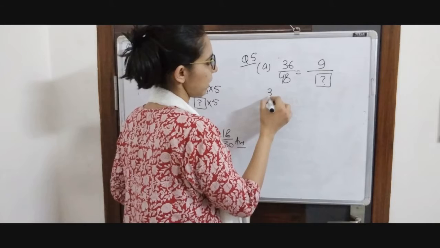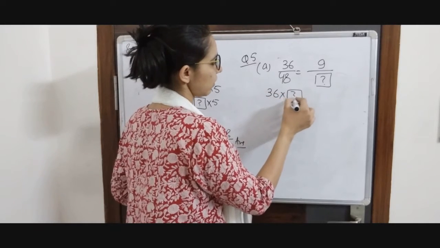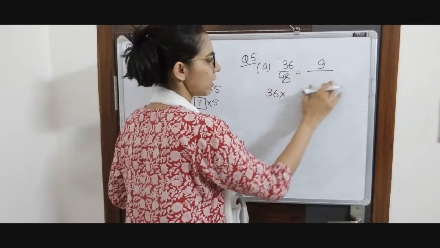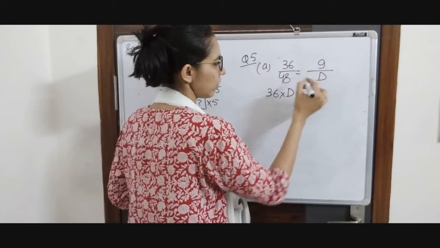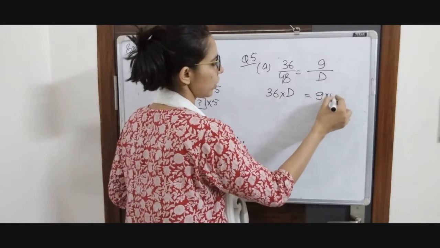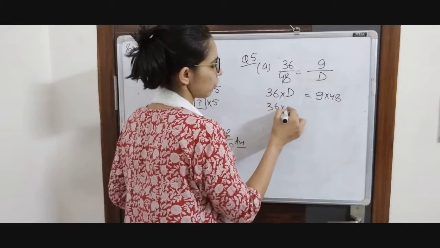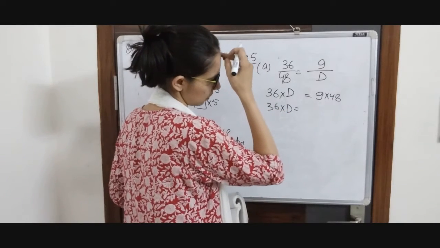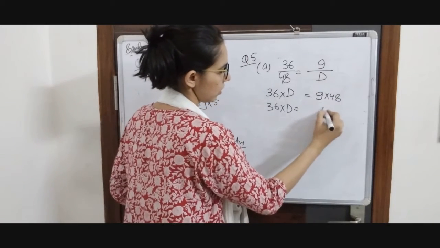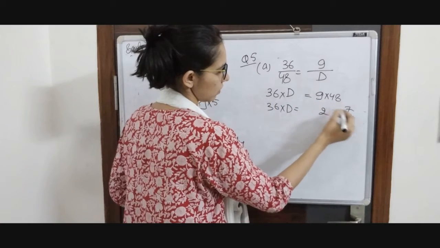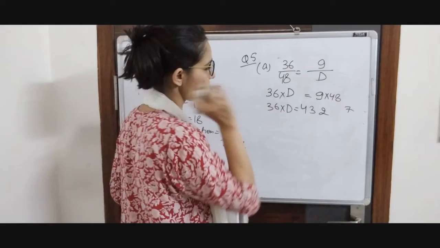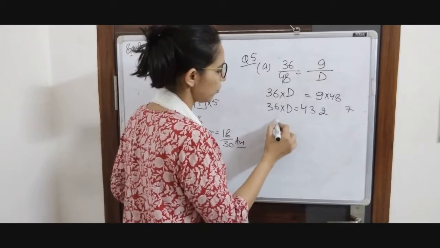So it implies 36 multiplied with this unknown number, but this denominator, or you can write, if this box is getting cumbersome to write, you can simply write D. Okay, so this is 36 into D is equal to 9 into 48, which is going to be 432. Okay, so your D is going to be how much?